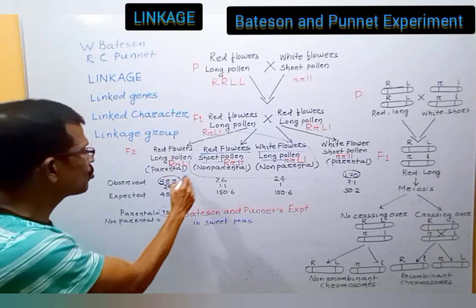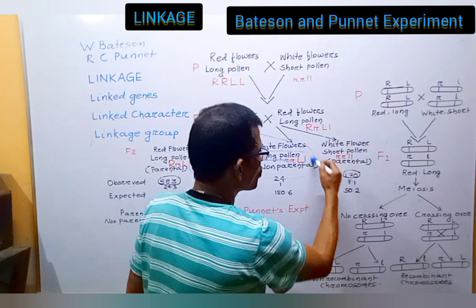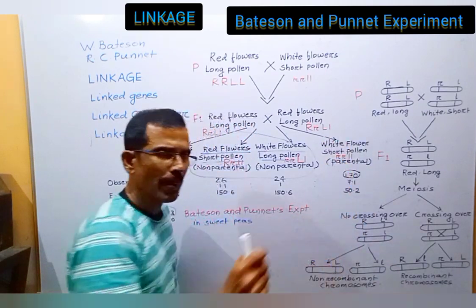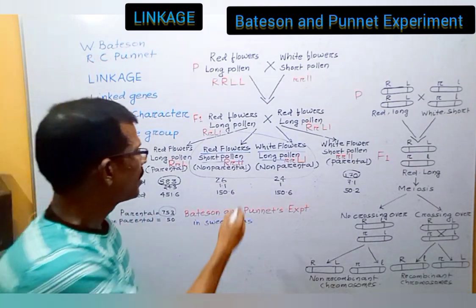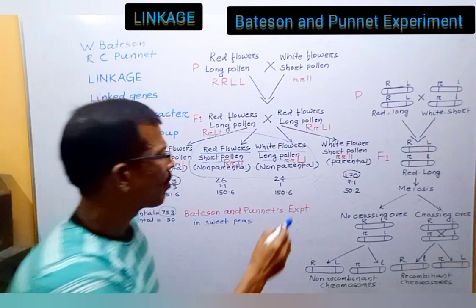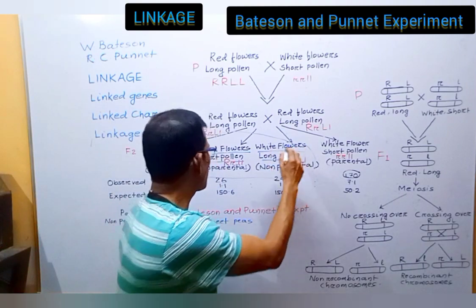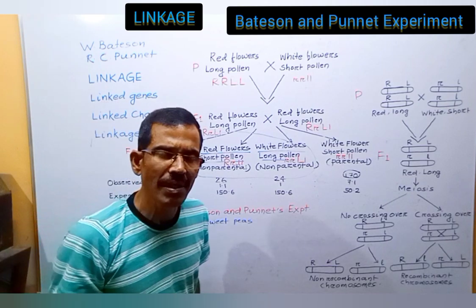Red flowers with long pollen grains and white flowers with short pollen grains are parental combinations of characters, whereas red flowers with short pollen grains and white flowers with long pollen are non-parental combinations of characters.